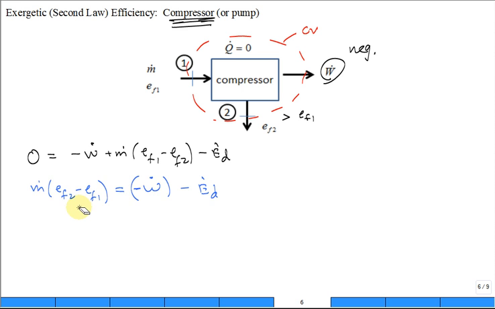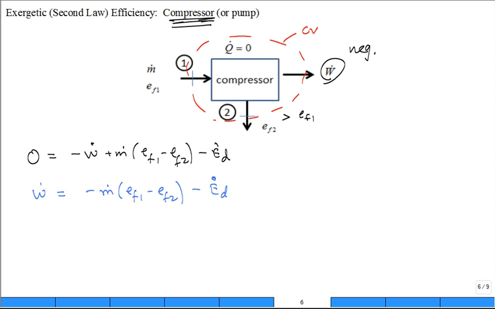I'm sorry, I have to rewrite this. I wanted to write it this way. W dot is equal to, okay, we put that over there, minus m dot (EF1 minus EF2) minus E dot D. Did I write that correctly?